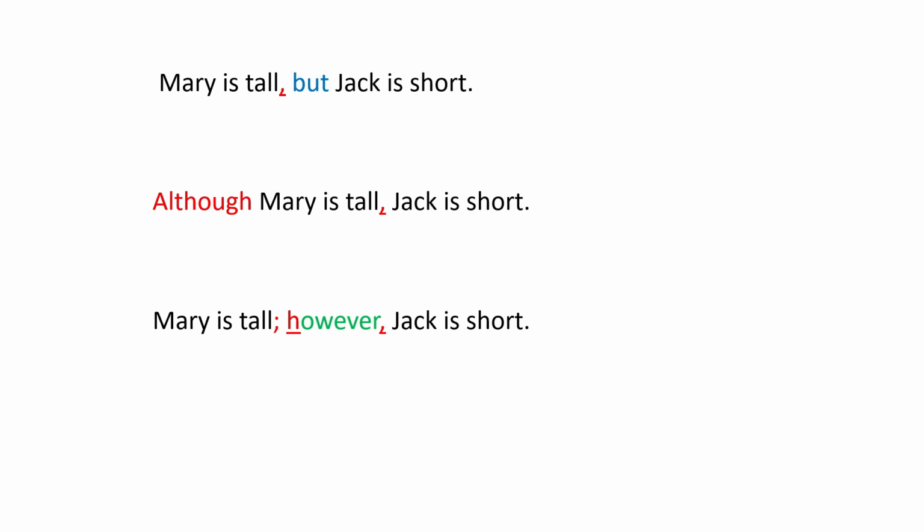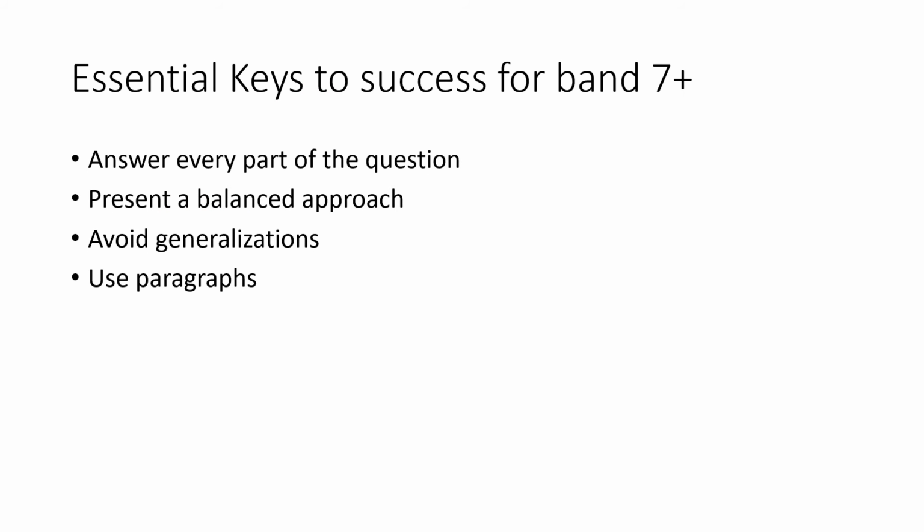We may also use semicolons when using transitions inside of the body sentences, but in the majority of cases, we would use transitions to begin new paragraphs rather than inside of the sentence. So we would only use a semicolon if we have a transition inside the body of the paragraph, not if we're starting. So we talked about the use of proper punctuation as well.